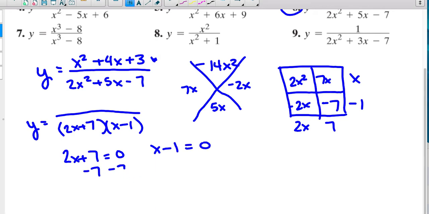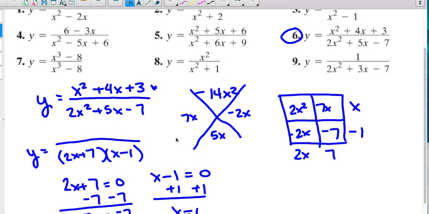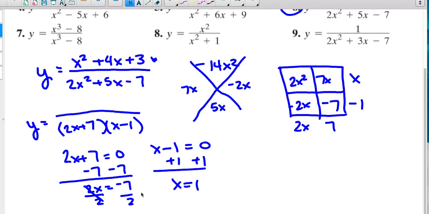So subtract 7, and you have 2x is negative 7, and then divide both sides by 2. And then over here, add 1, and you have x is 1. So our points of discontinuity for number 6 are negative 7 over 2 and 1. And that's it. Pretty awesome.